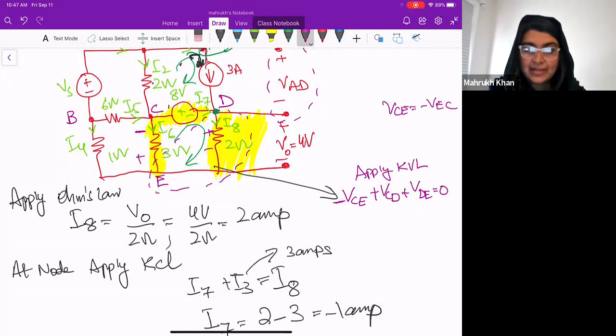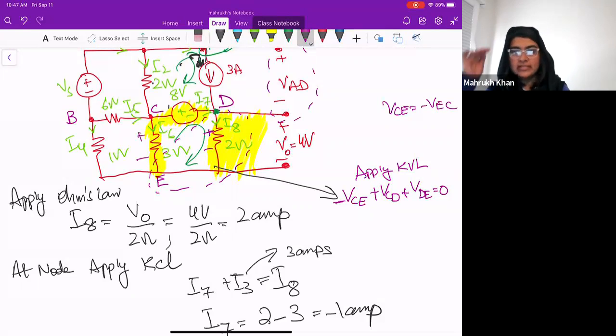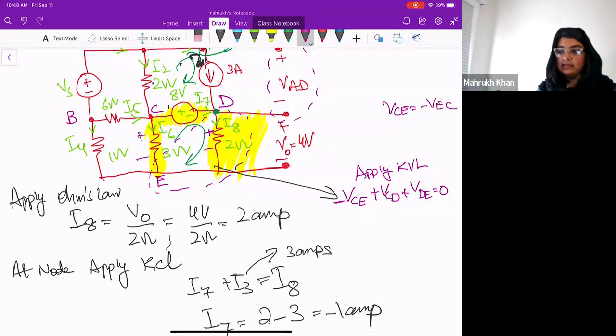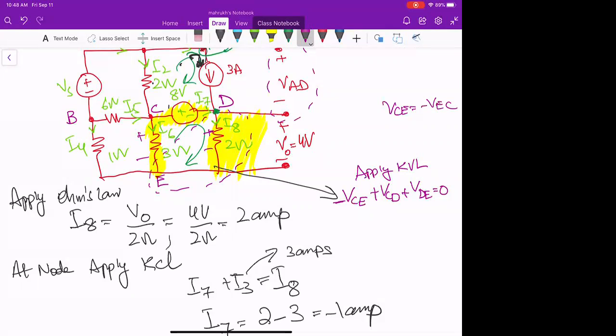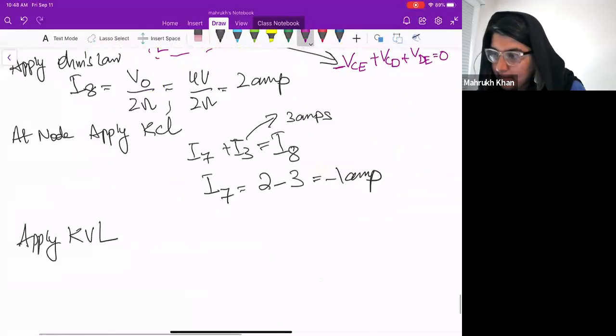If I define my signs like this, then it will be VEC, and then it will be positive VEC. But right now, as I have defined my signs like this, it is VCE, where C is at higher voltage and E is at lower voltage. Do you think the KVL is clear? Yeah. Okay. So let's apply KVL here.